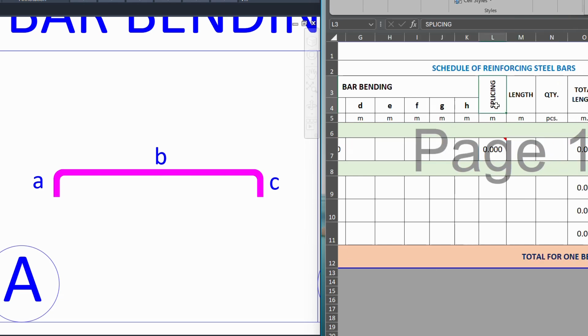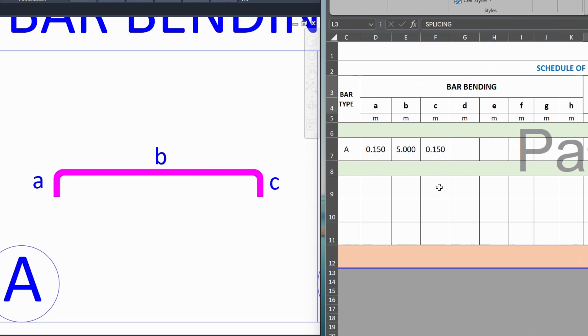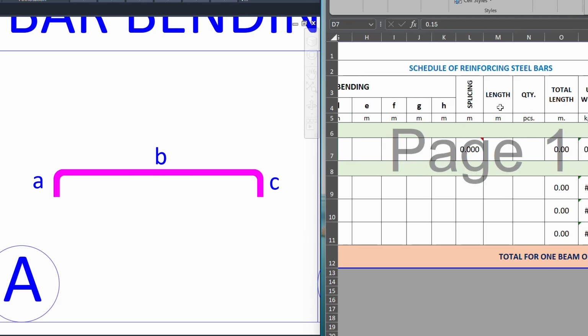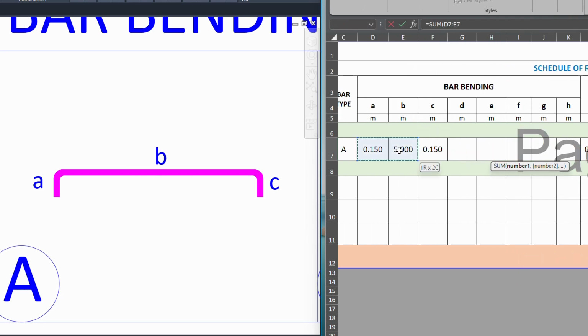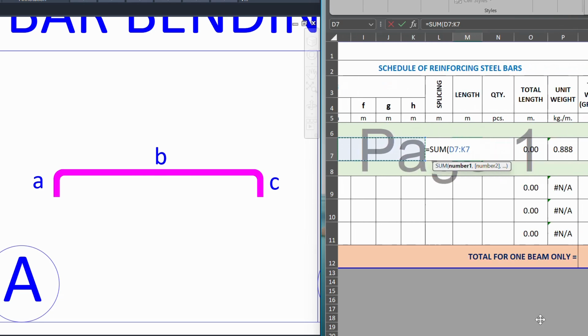So for splicing, you have to check this. So the total, we have to answer this first, the length. We can input equal sum, then open parentheses from A, drag up to splicing, up to splicing, it's L, and then close parenthesis, so 5.3.